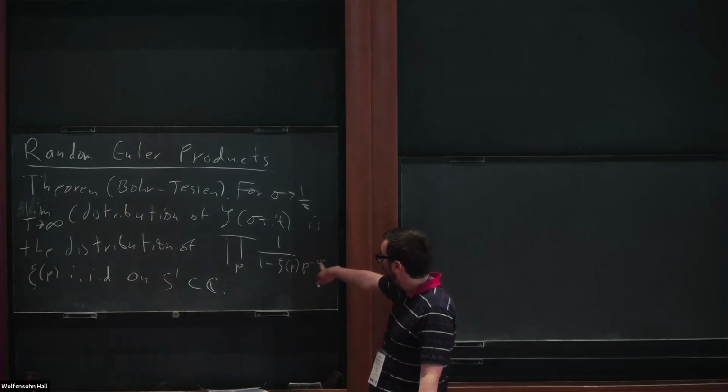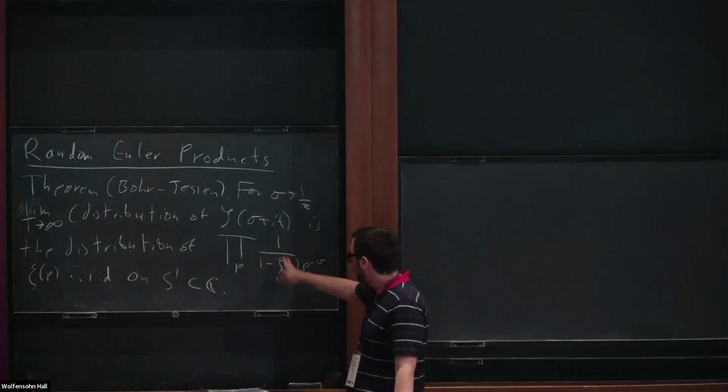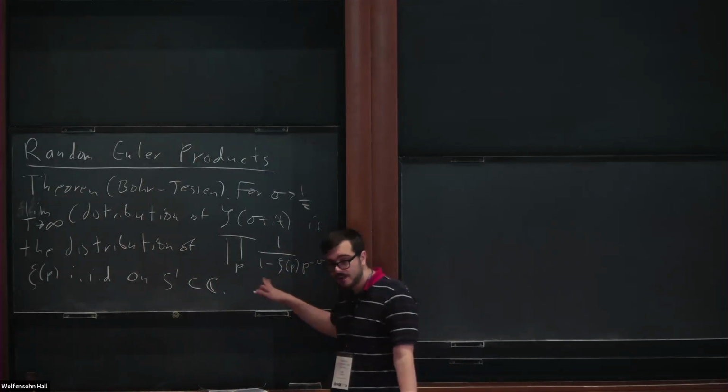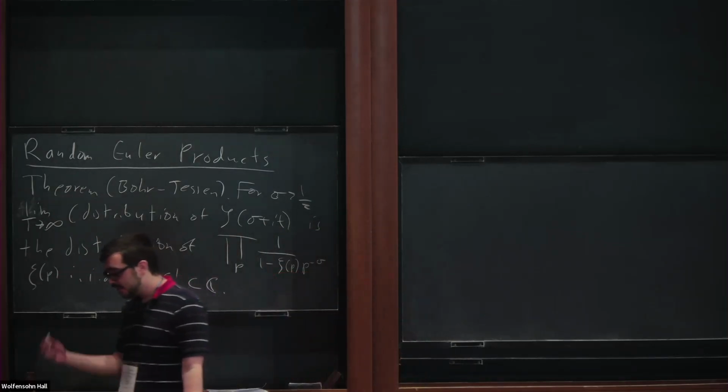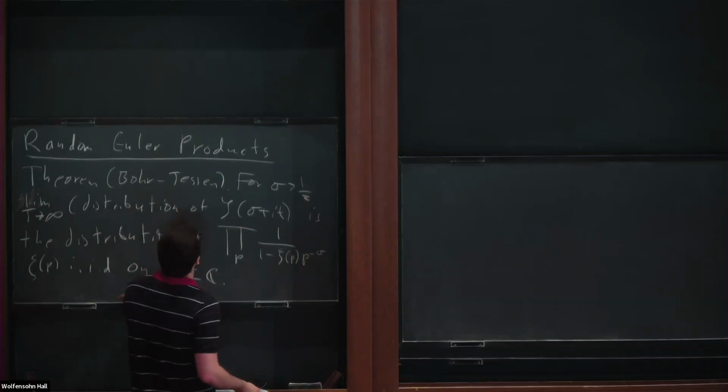And so what this is saying, because zeta(sigma + it) is the product of 1 over 1 minus p^(-sigma) times p^(-it), is that p^(-it), which are points on the unit circle, behave like independent, uniformly random points on the unit circle in a precise sense.